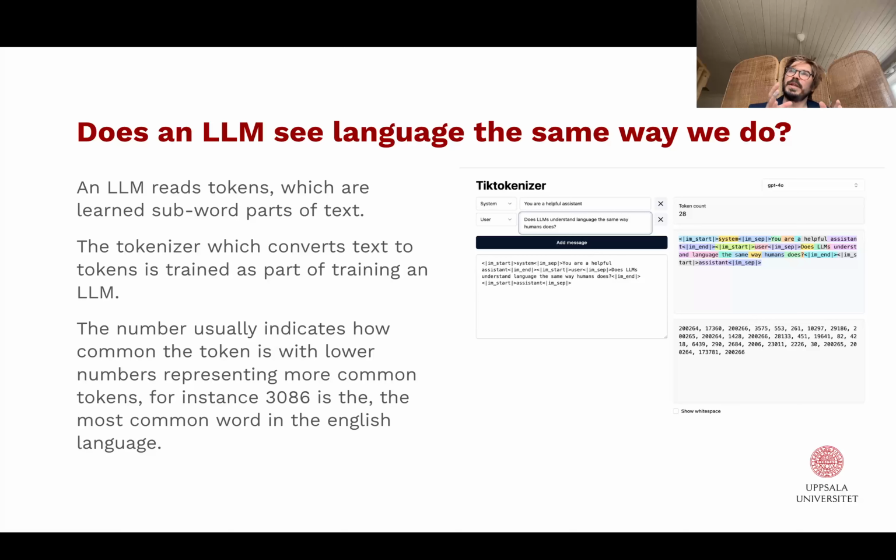The more common ones usually have lower numbers, but basically this is a way to map all of language into numbers, because the attention mechanism and the LLMs, when they're trained or do inference, don't use text, they use numbers. So you train a tokenizer to do this transformation, and then this is what the LLM actually sees.